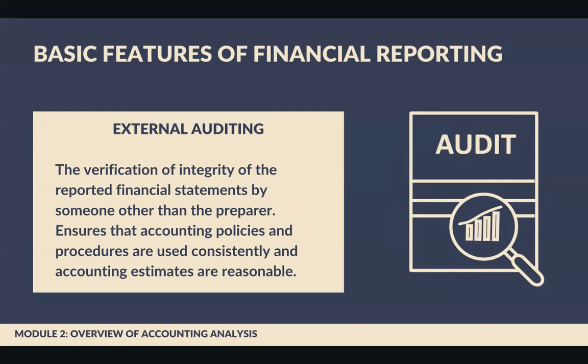So external auditing basically is the verification of the integrity of the financial statements as reported by someone other than the preparer. So in auditing, what basically happens is that a third party is contracted to verify the integrity of the reports prepared.